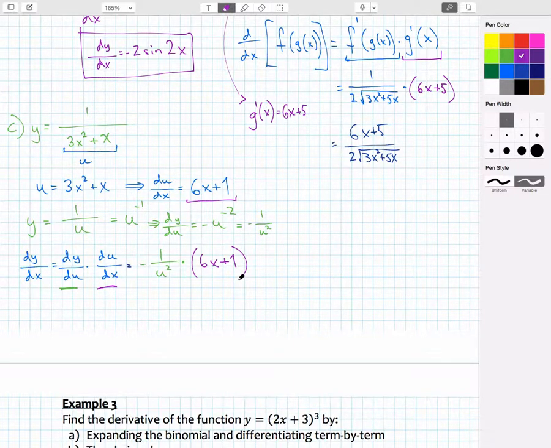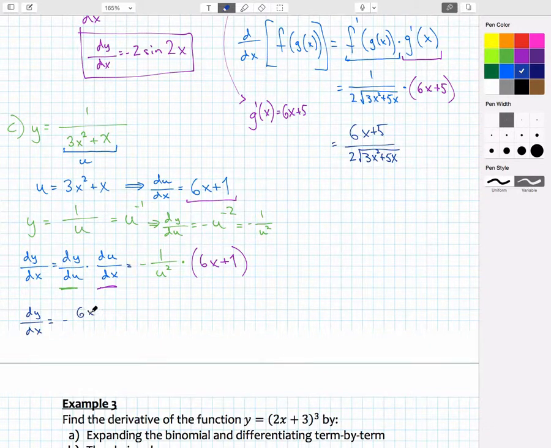Again, we're not quite done because we've got a combination of x and u, so all we have to do is replace u with what we originally chose it to be, which was 3x squared plus x. So I'll rewrite this down here. dy dx equals negative, maybe I'll combine it all in one step. I'm going to multiply 6x plus 1 into the top.